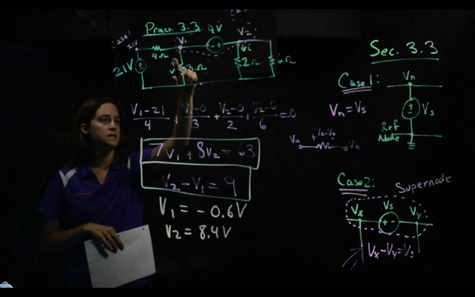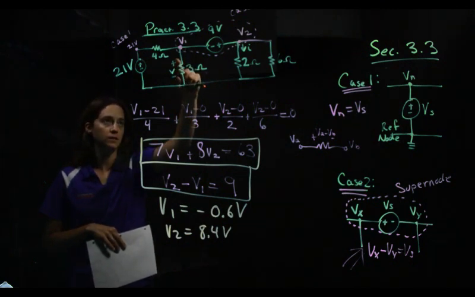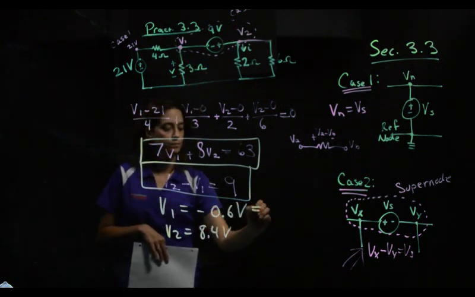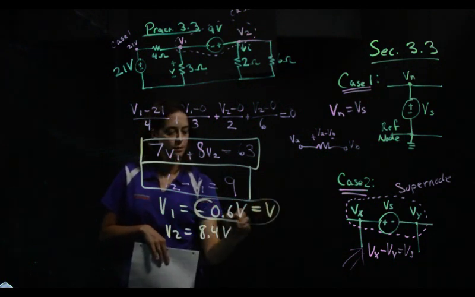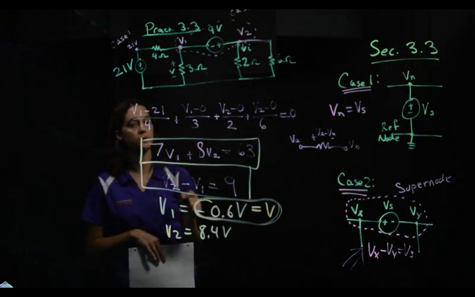So the voltage across here, V, well that is V1, right? That's the same thing. Voltage across here is V1, V1 minus 0. So V is equal to V1. So there's our answer for that. For the current I, we need to do Ohm's law.